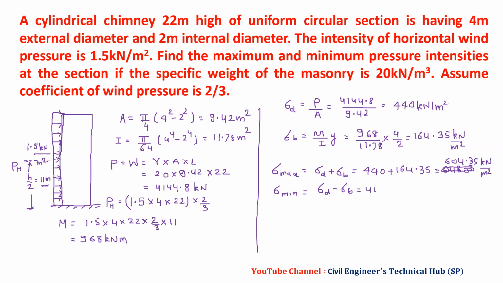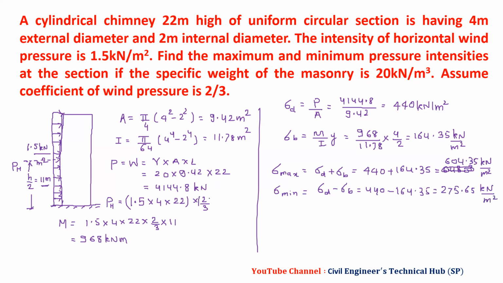And 440 minus 164.35 is equal to 275.65 kilonewton per meter square. So we have these values, maximum and minimum.